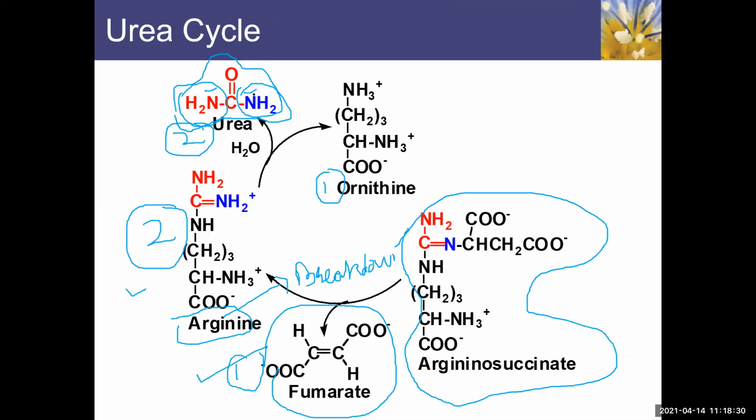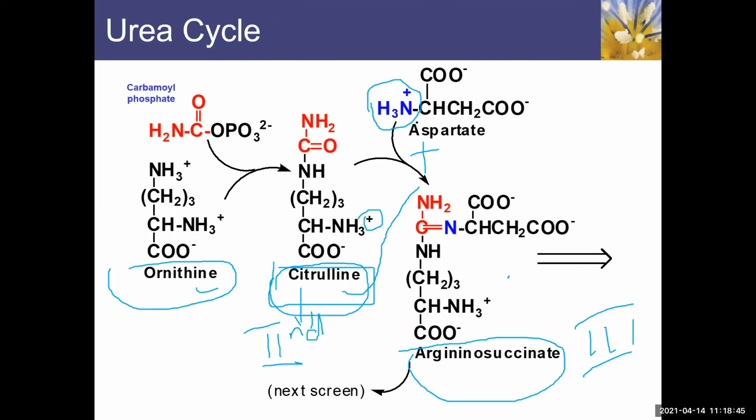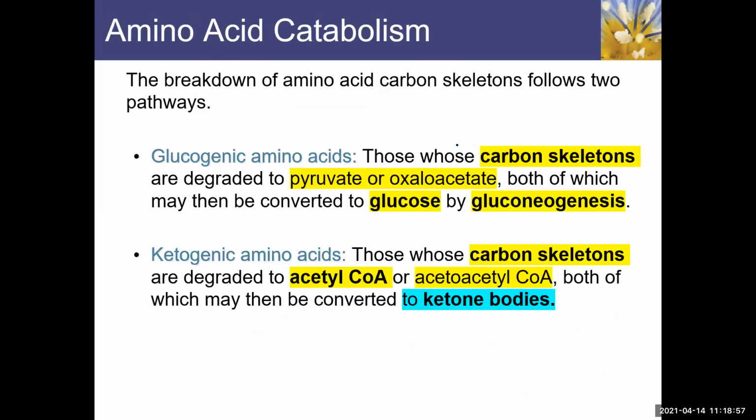One nitrogen atom it got from the ammonium ion, which is the starting compound, right? We started with the ammonium ion to excrete that out of the body. It's highly toxic. And the second nitrogen, it got from the aspartate, which joined in the middle. If you remember, we said that citrulline will condense with the aspartate to form the argininosuccinate, right? So remember this point here in the urea cycle.